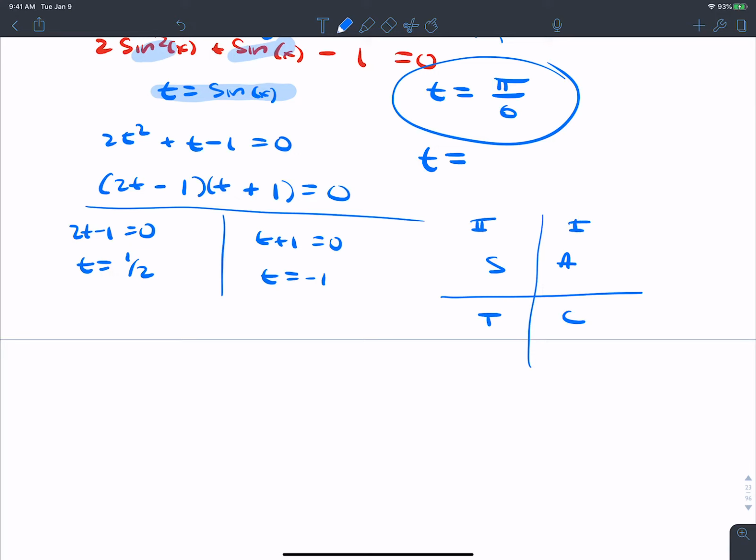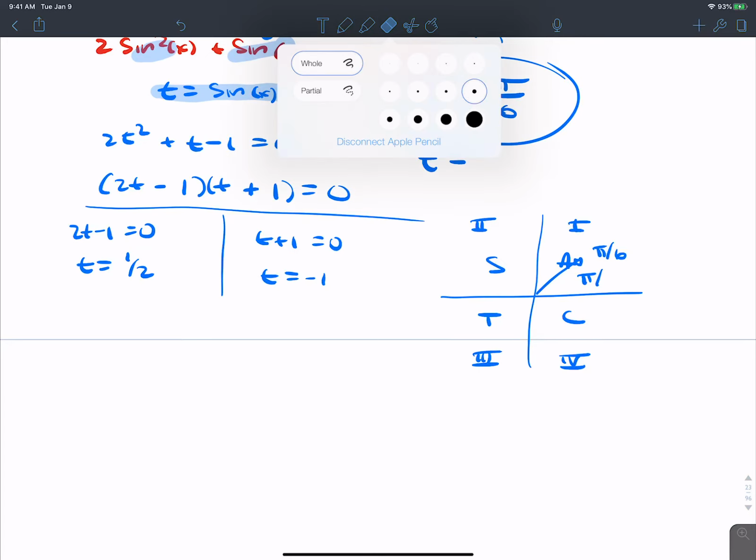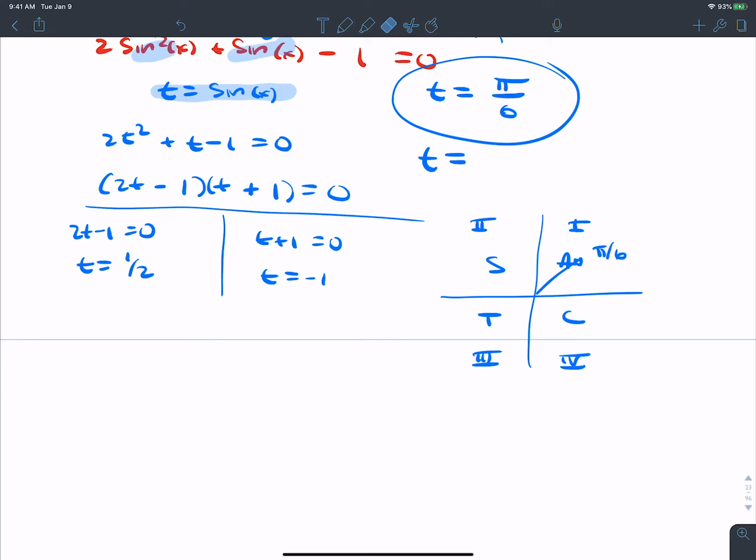Quadrant 1, quadrant 2, quadrant 3, quadrant 4. So you found the first quadrant here being pi over 6. That means the second solution is over here in quadrant 2, because this is where sine is positive again. Remember that? All students take calculus.